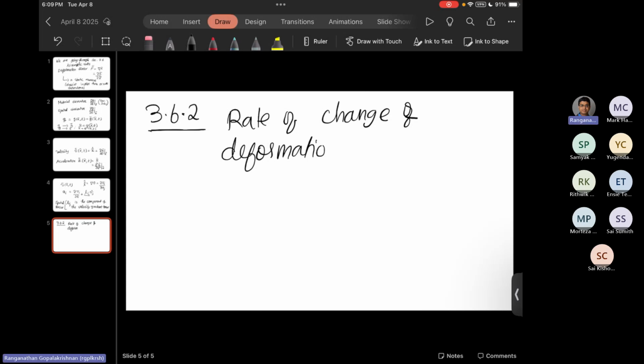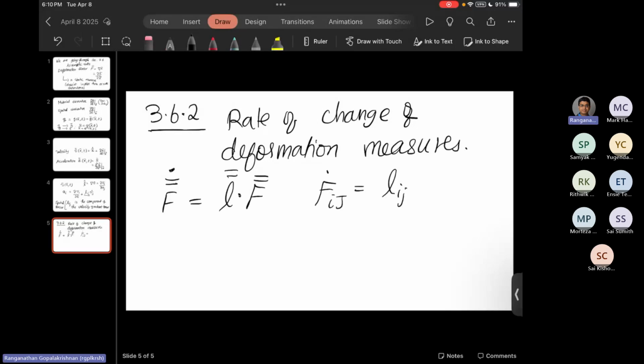So we are used to the deformation tensor F, and we calculated F dot is L dot F. That is F_ij dot is L_ij times F_jJ.